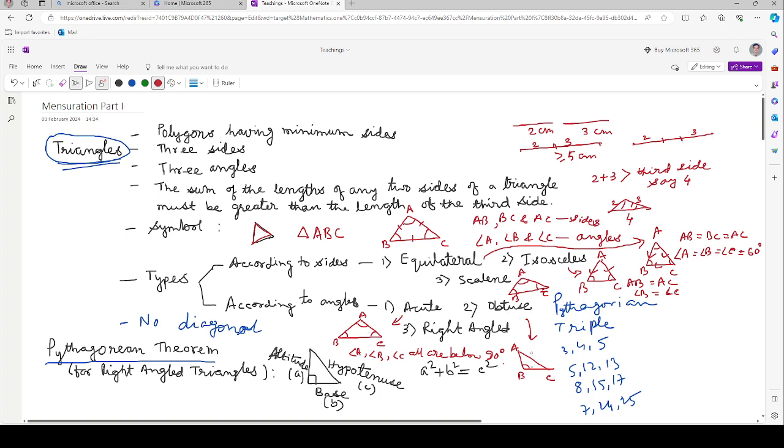But for an obtuse angle triangle, if only one angle is an obtuse angle, then this triangle is known as an obtuse angle triangle. And now we come to the right angle triangle. What is a right angle triangle? A triangle which has one right angle is known as a right angle triangle. Here ABC is a right angle triangle.